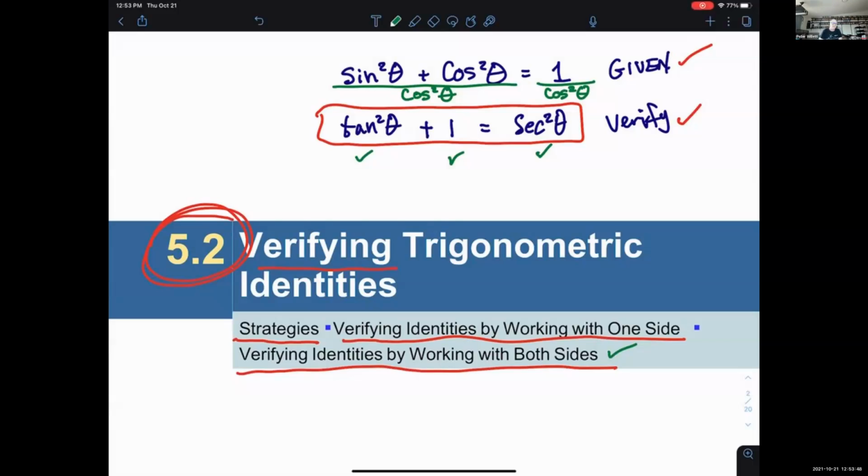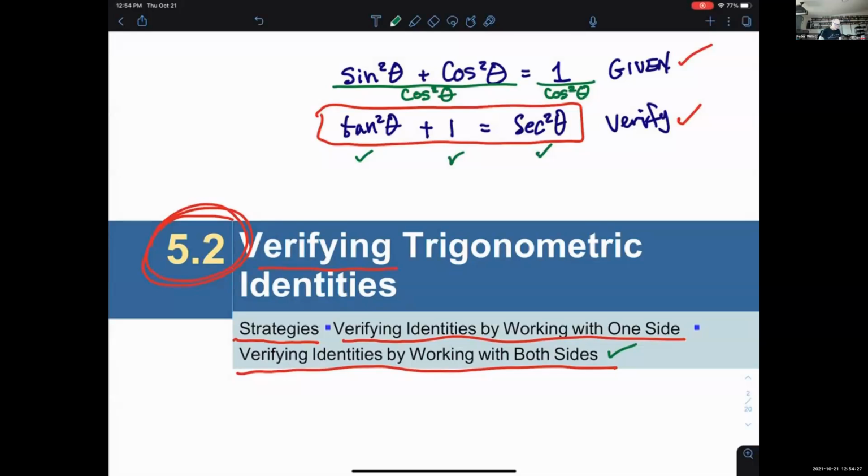That's how I verify it, by doing the same thing to both sides of the first identity. This is the idea of the kinds of things we're going to be doing in 5.2, with a real simple example before we look at the ones that they give us.